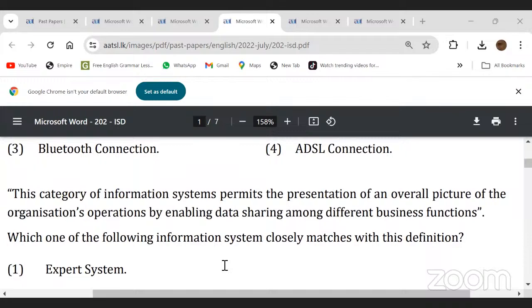Which one of the following information systems closely matches the definition?